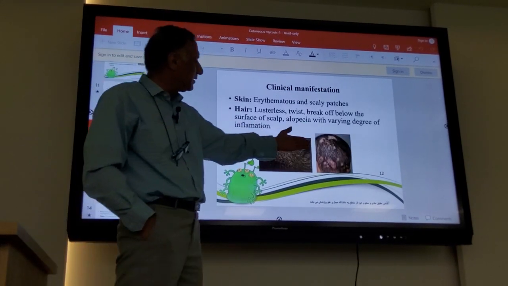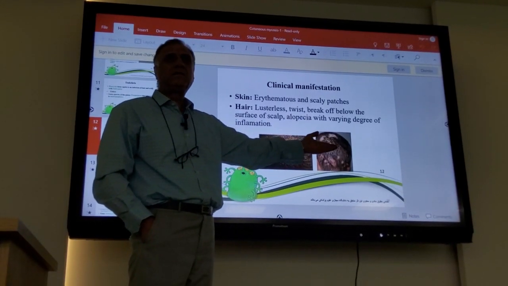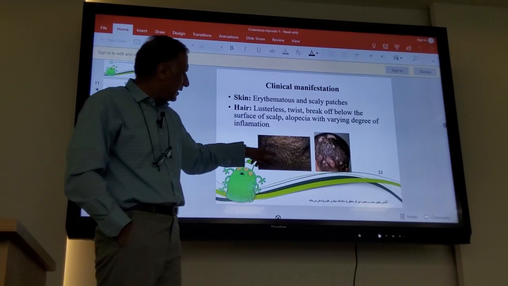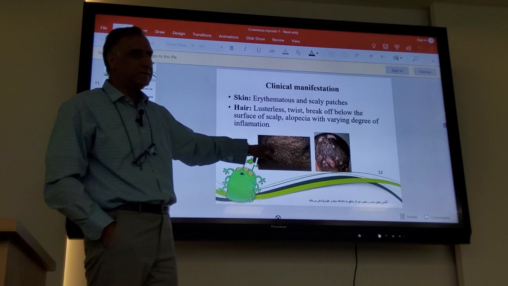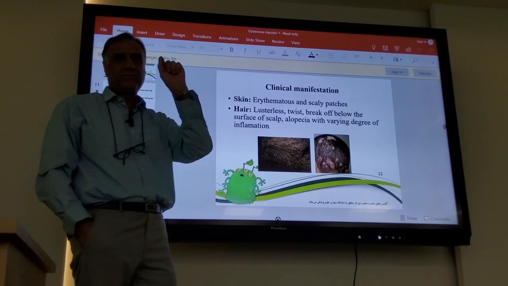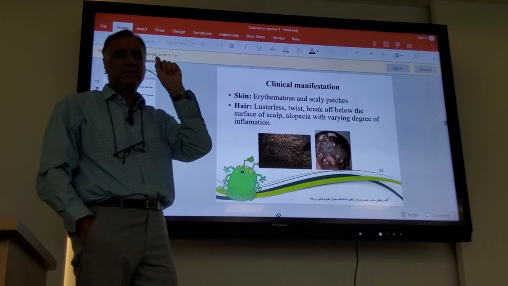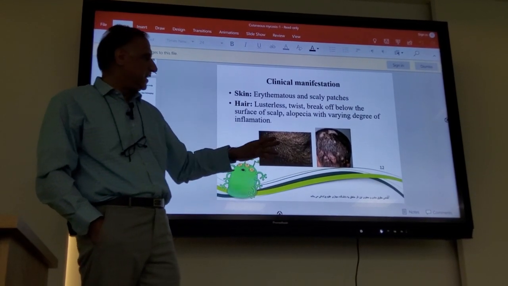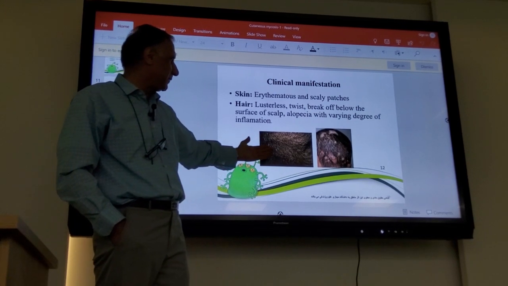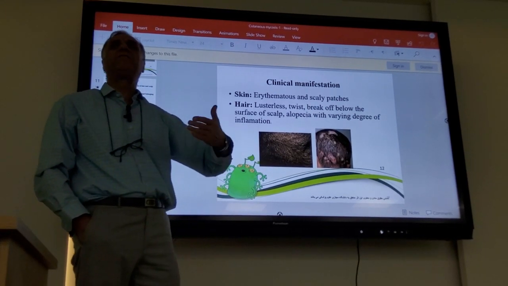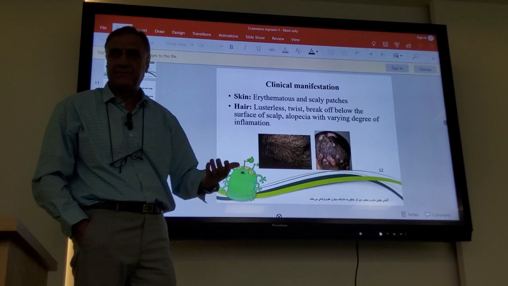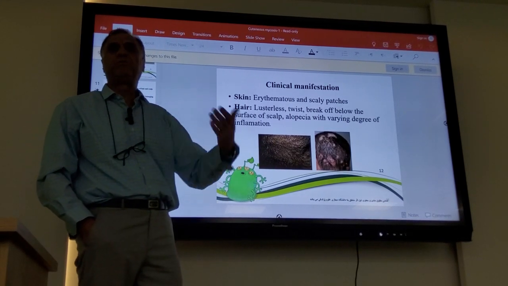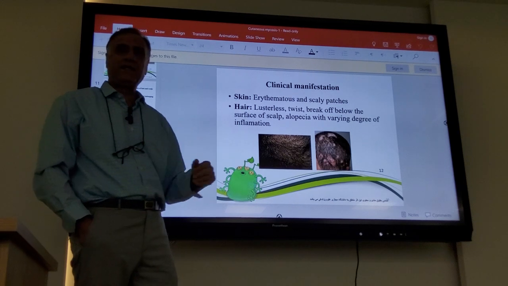In this picture, the missing hair is sharp. It is a black dot, a small black dot, that is the surface of broken hair, missing hair.